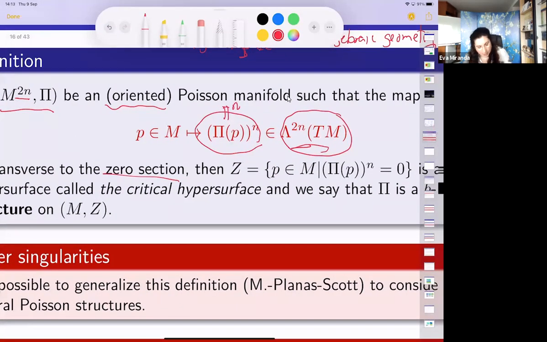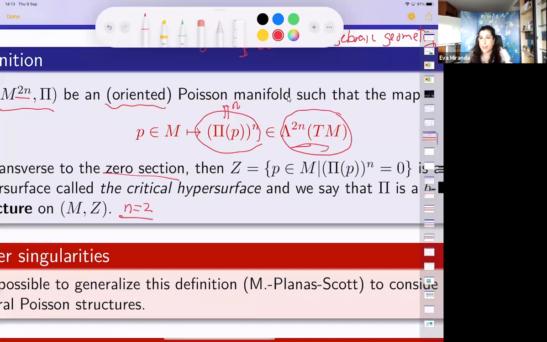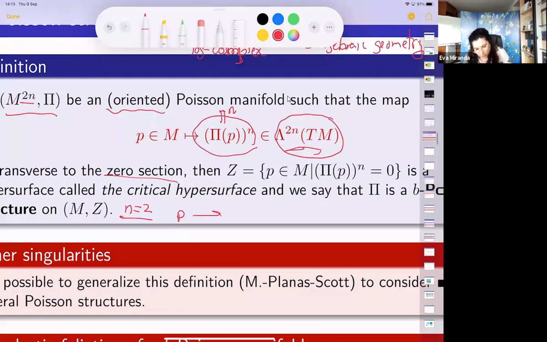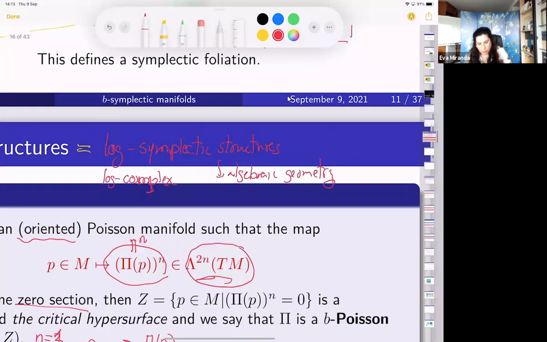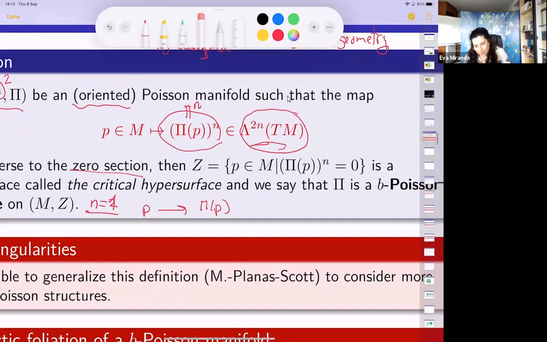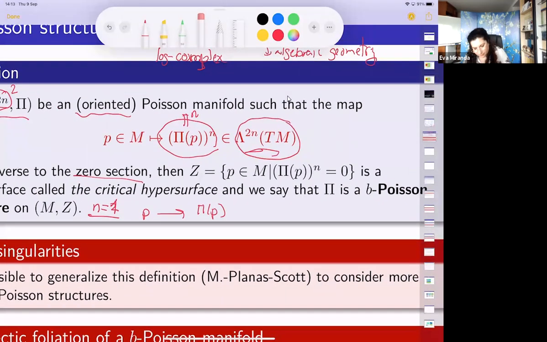What does this condition mean? Let's start with an easy example. Let's take n equal to 1, so the dimension of the manifold is 2. This would be the first case. Then I'm sending p to pi of p. So this is a 2-dimensional manifold, and let's assume that I take some local coordinates.